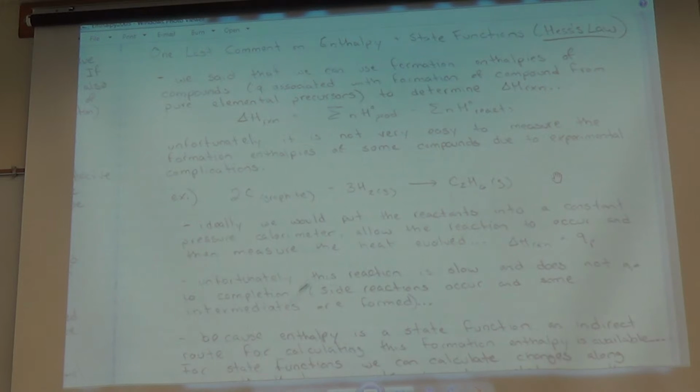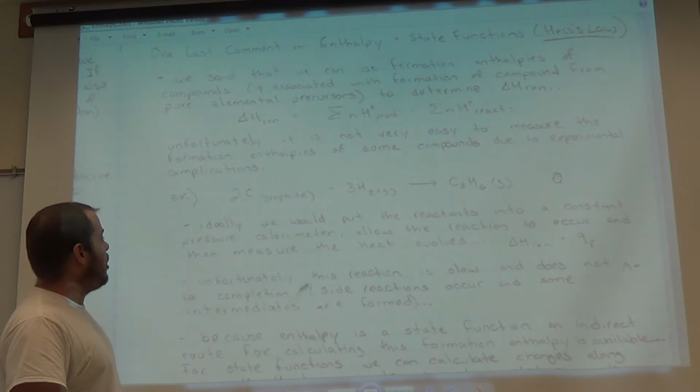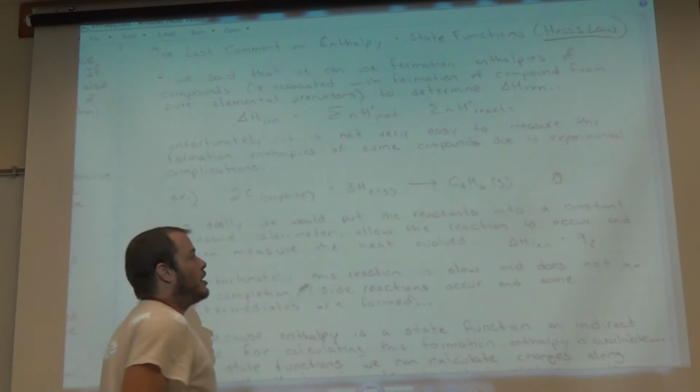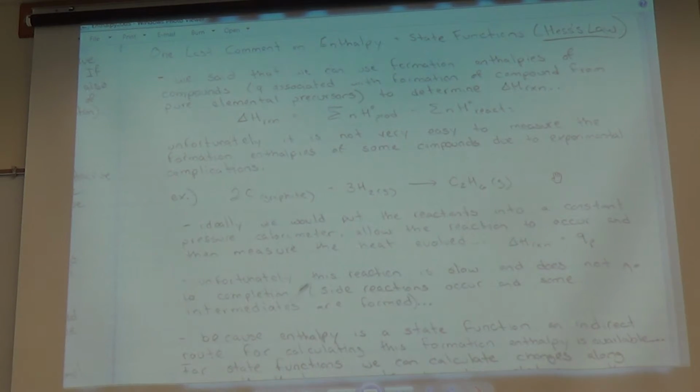But here's the problem. Let's say we want to calculate a formation enthalpy for ethane. Ethane's 2 carbons. Who's had organic chemistry recently? So we want to calculate the formation enthalpy for ethane.